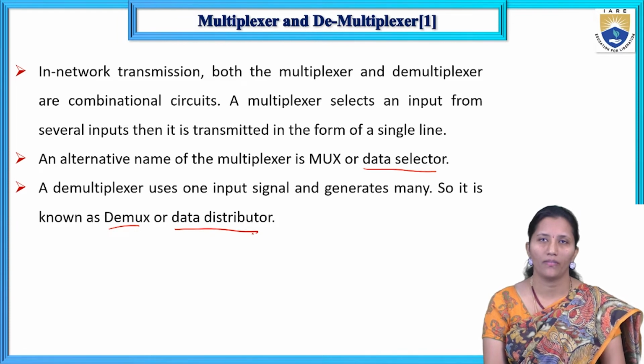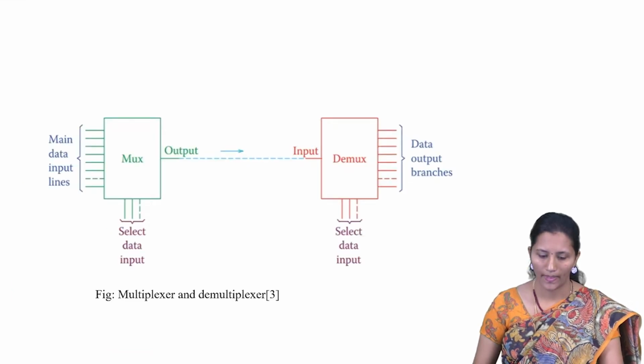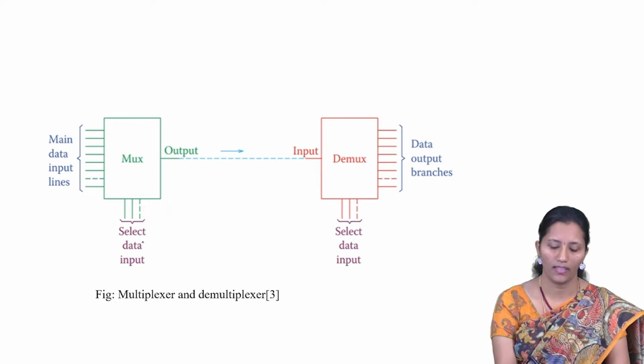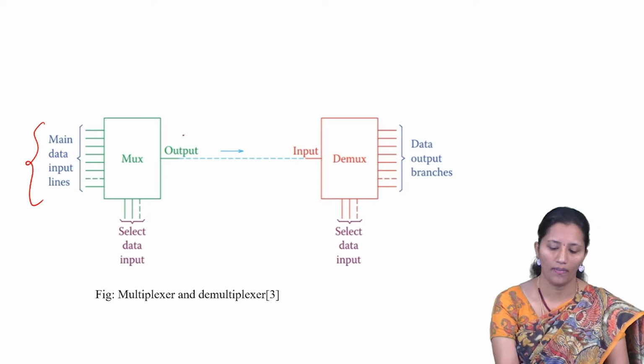So the difference between the multiplexer and demultiplexer is that a multiplexer has many inputs and one output, whereas a demultiplexer has one input and many outputs. If we see this figure of multiplexer and demultiplexer, in the multiplexer we have many inputs and only one output.